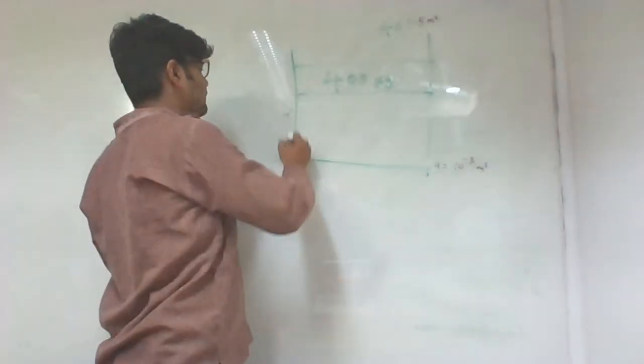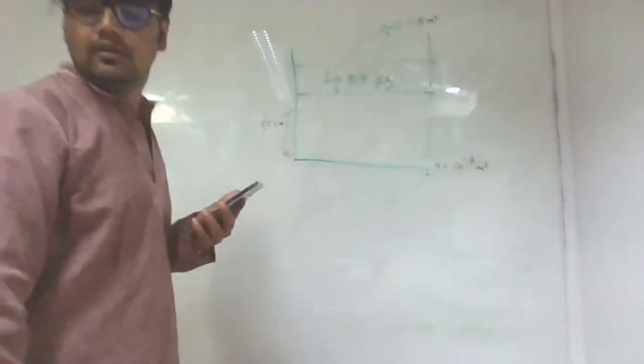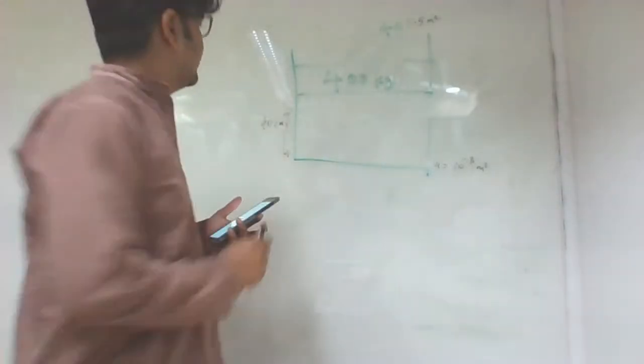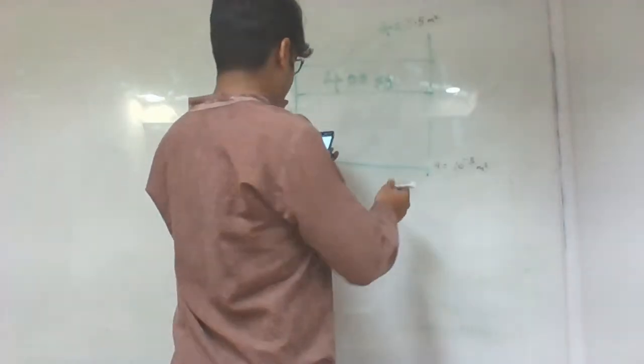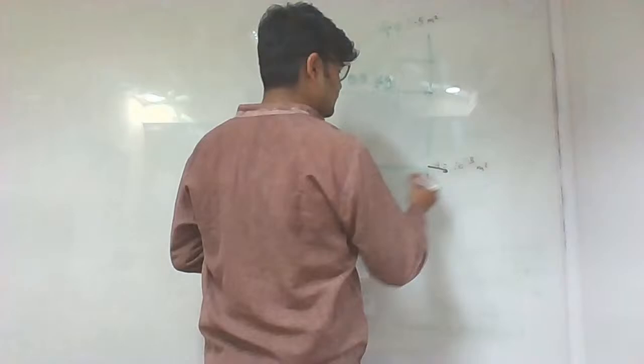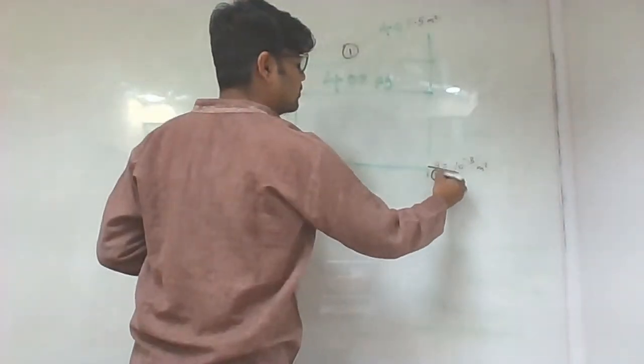The height of the liquid column is 40 centimeters, and you have to find the velocity of the liquid with which it oozes out. So this is point number 1, this is point number 2.